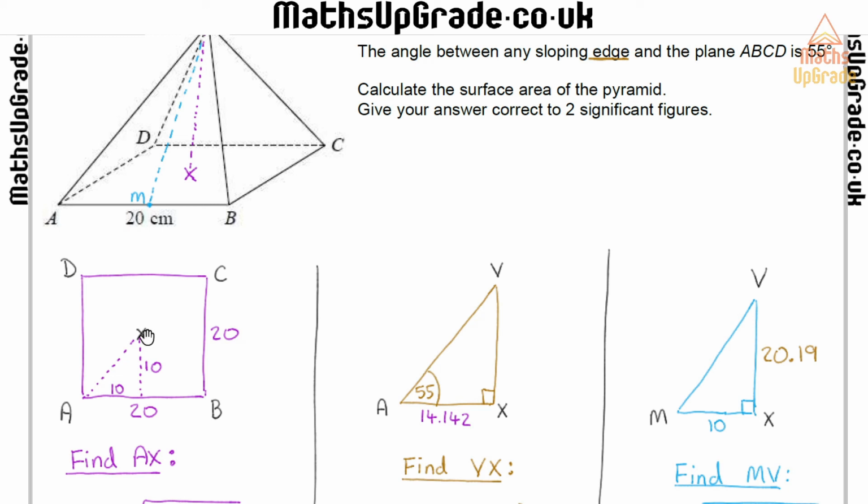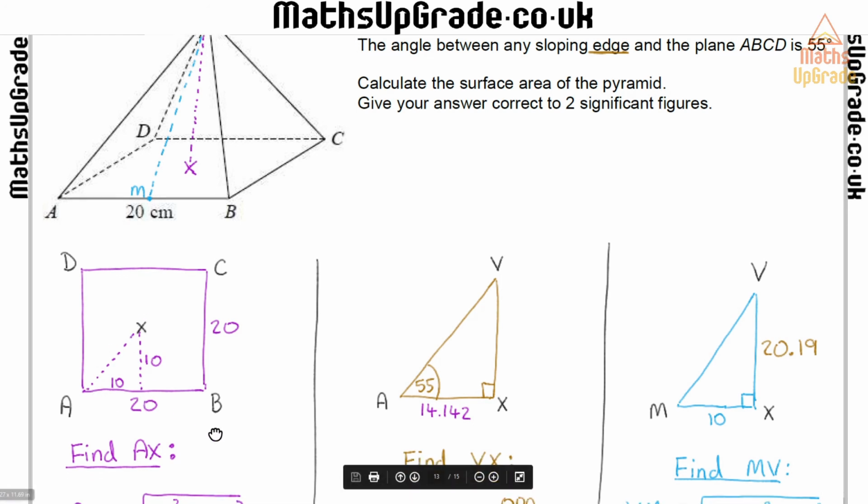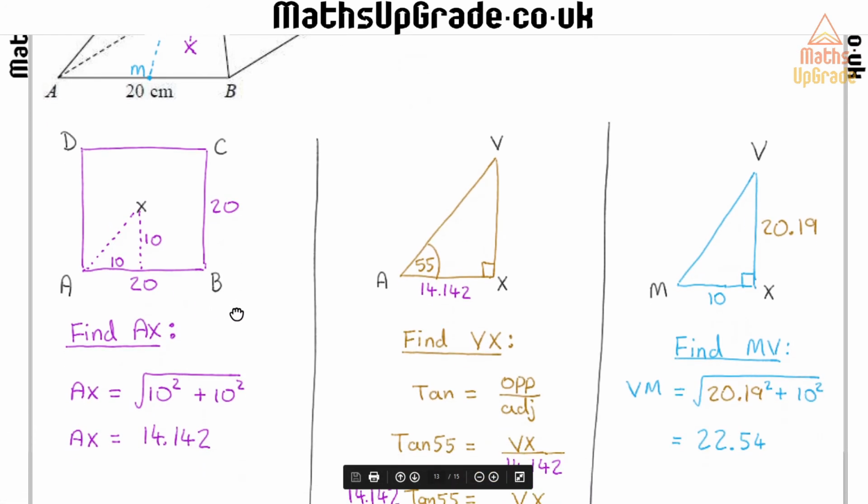Since X is the middle of this entire square, I know that this side of this right angled triangle will be 10, and this would be 10. Essentially this is a right angled isosceles triangle. Using Pythagoras, I can find the length of AX, which would be 14.1. If you're not sure on how to use Pythagoras, do look at the video clip on this channel.